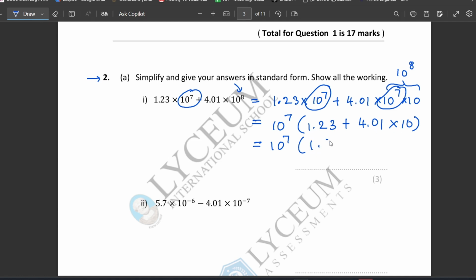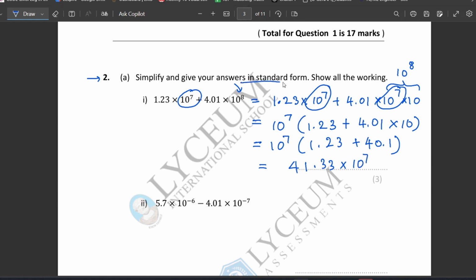These two I can get 40.1. Then the answer is 41.33 times 10 to the power 7.